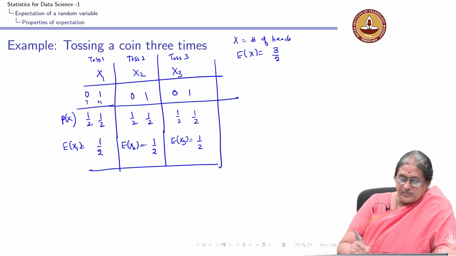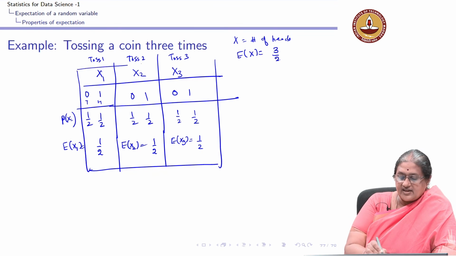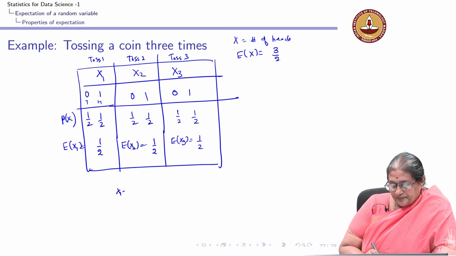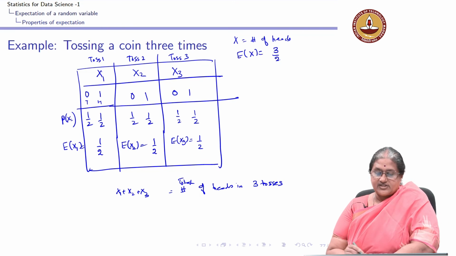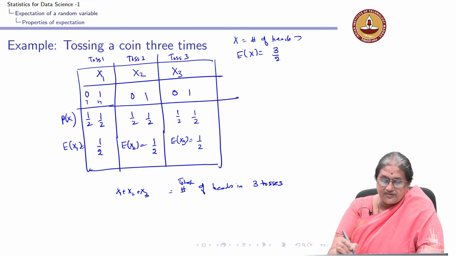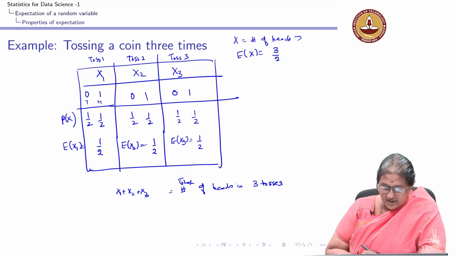Now, x1 plus x2 plus x3 is the same as the total number of heads in 3 tosses of the coin, which is the same as the number of heads when I toss a coin 3 times.